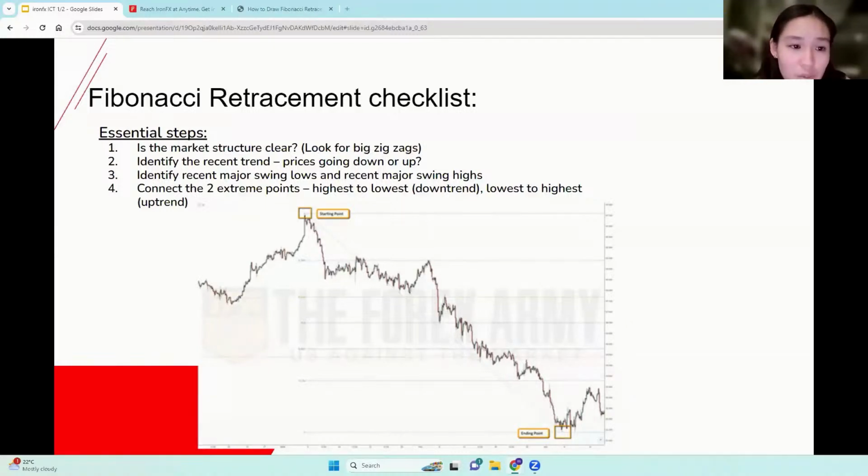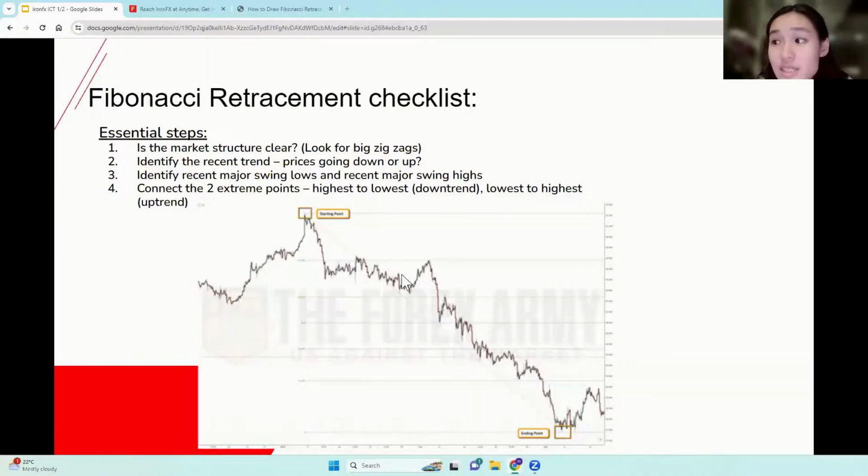So this is a Fibonacci retracement checklist. Firstly, you want to see is the market structure clear. We showed you previously how to identify a clear market structure. Next, we want to look for the recent trend, so are prices going up or down, and it's important to always follow the general trend. Next, we want to identify recent major swing lows and swing highs, like those that we've identified previously, and then connect the two extreme points like we have done over here.